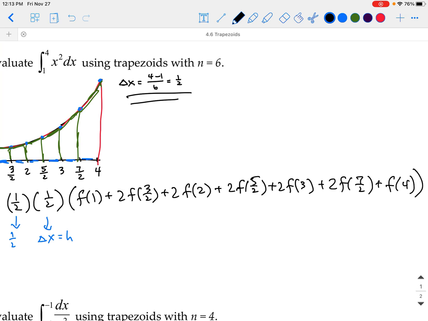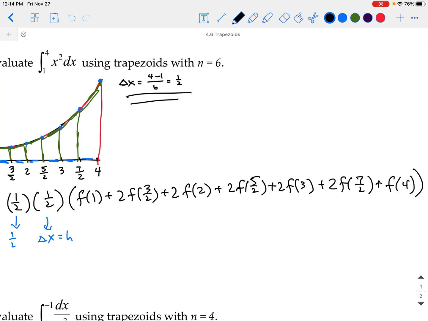So what you'll notice here again is in the middle we have two function values for each separate trapezoid that's adjacent, but our endpoints only occur once because they're only going to occur in one trapezoid. And then now it just comes down to calculations.